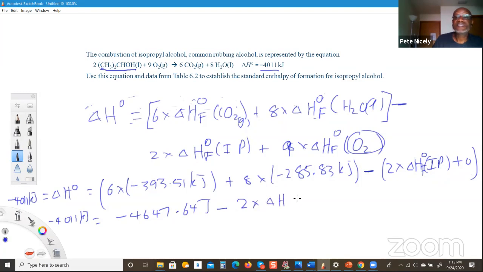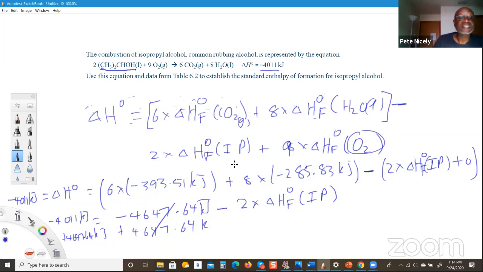And we're going to subtract from that 2 times delta H formation standard of isopropyl alcohol. Okay, so basically what we're going to do now is add 4647.64 to both sides. So this will give you 0. So let me do this here. 4647.64 minus 4011.